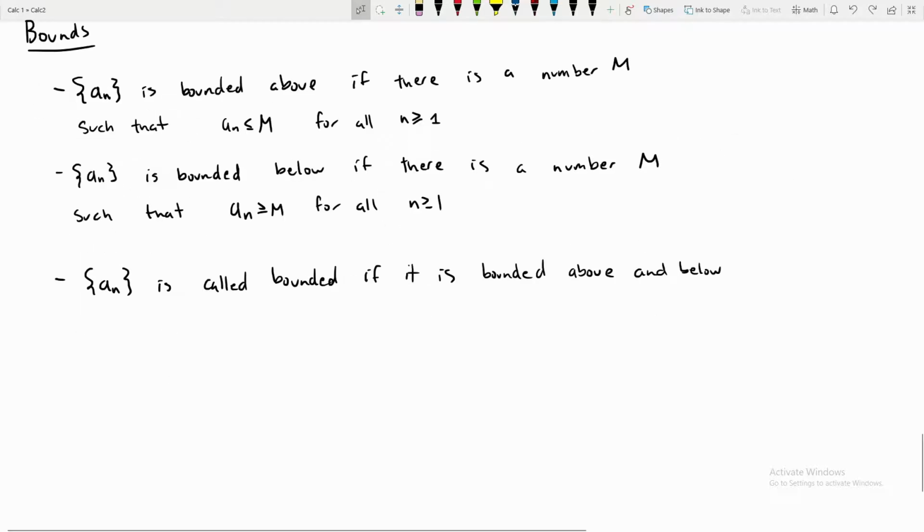The second last thing that we're going to talk about is bounds, and basically we want to check if a sequence is bounded, and we're going to explain what it means to be bounded.